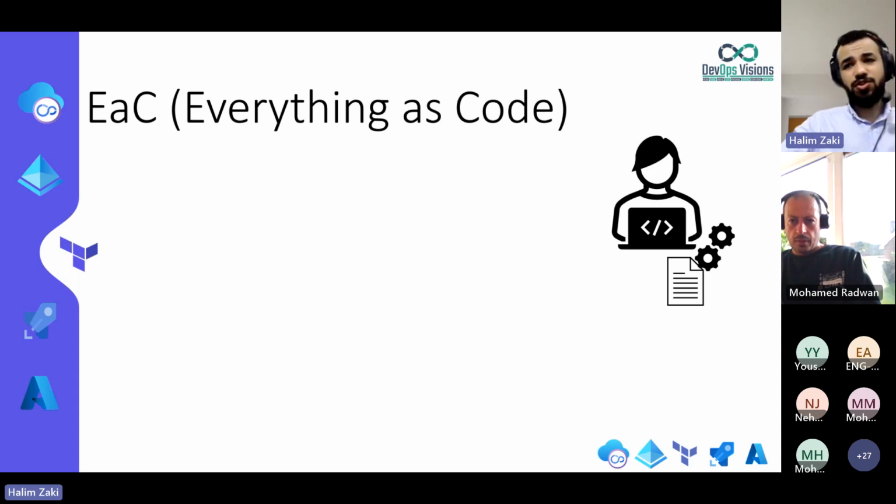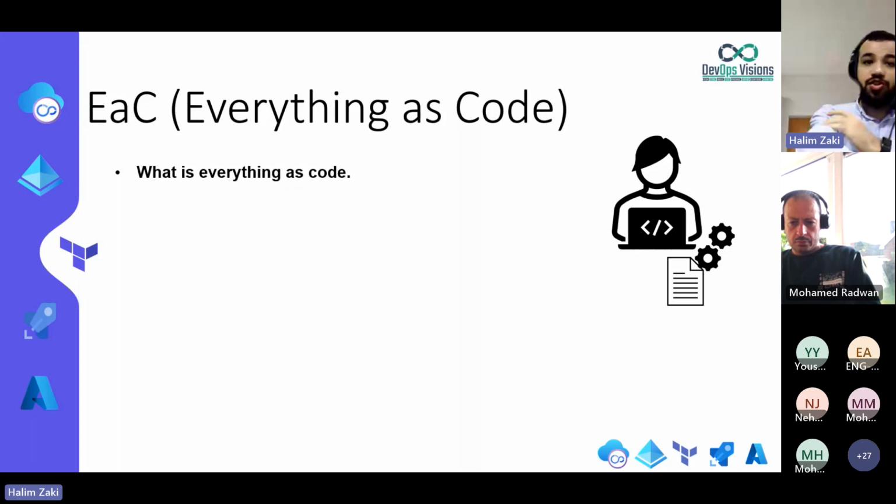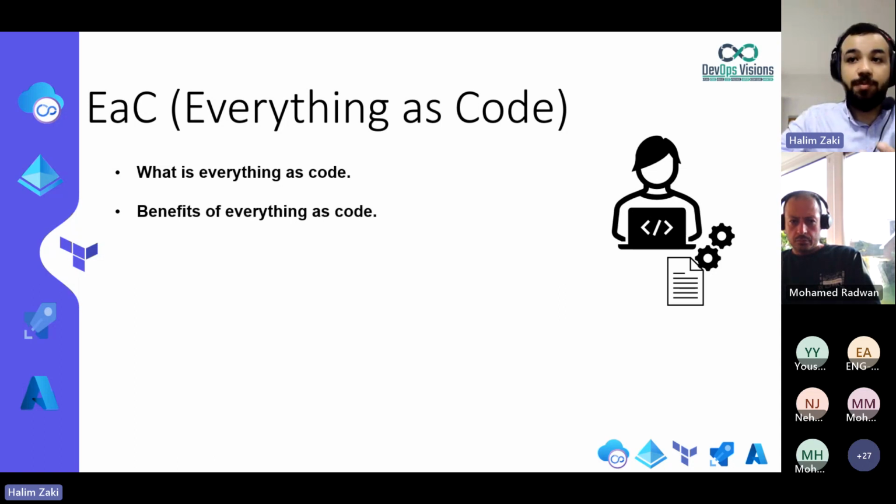So for you who don't know what everything as code is, it's an approach by IT operation and DevOps engineers to actually identify everything that they use and transfer it into a code format. And to actually understand why we are doing this, we need to check the benefits of everything as code.